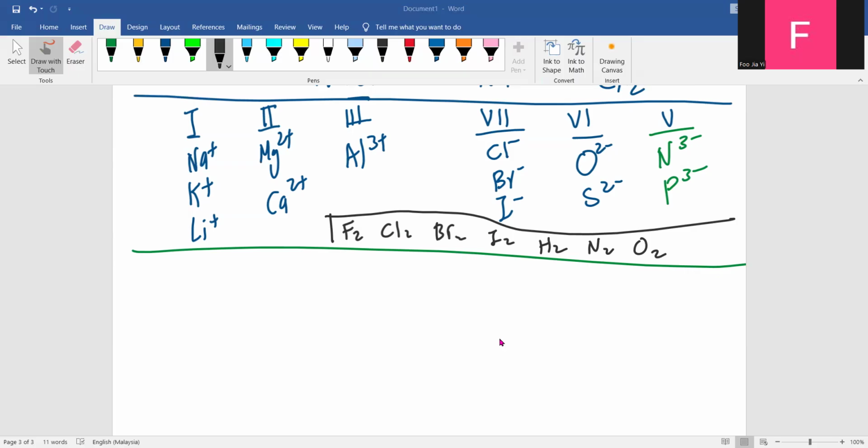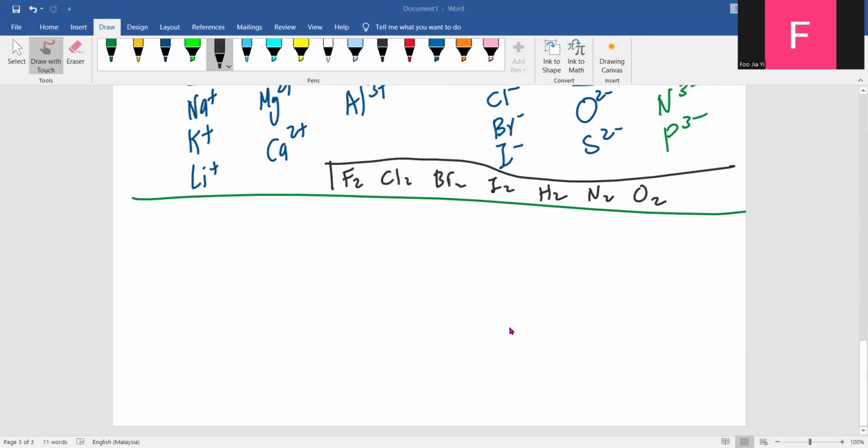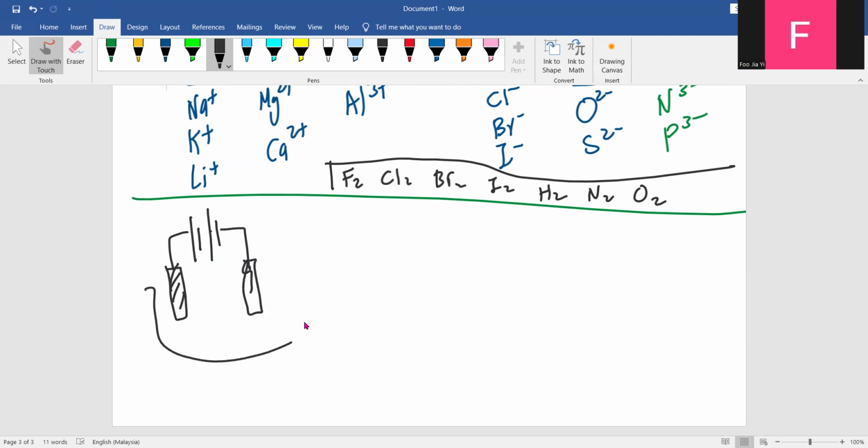Okay. So now let's do another electrolysis. This time, let's do PbBr2, molten lead 2 bromide.